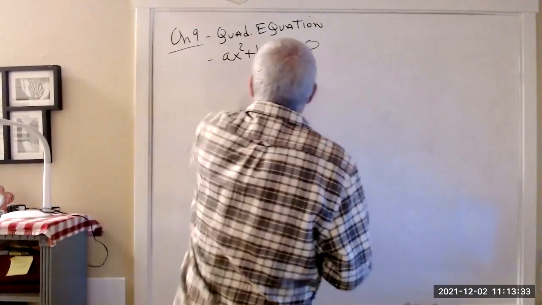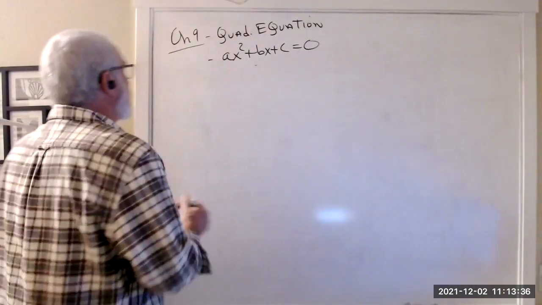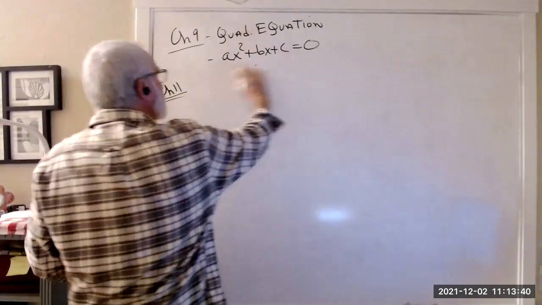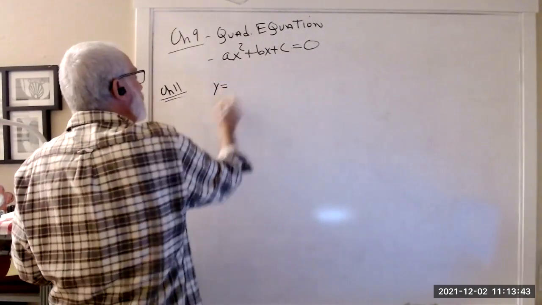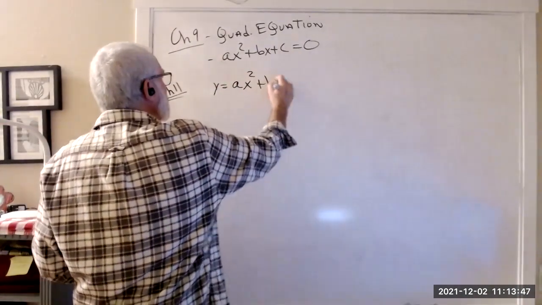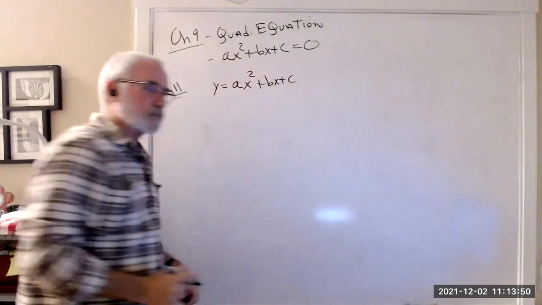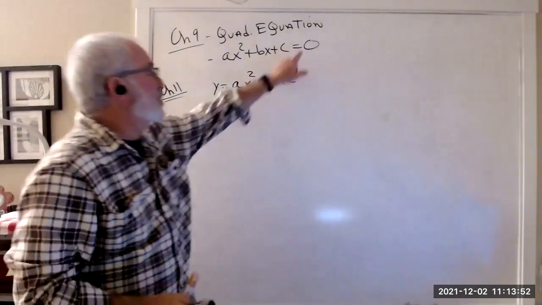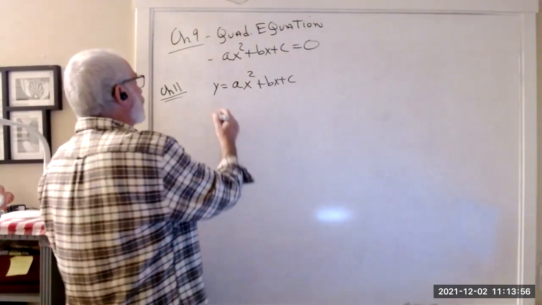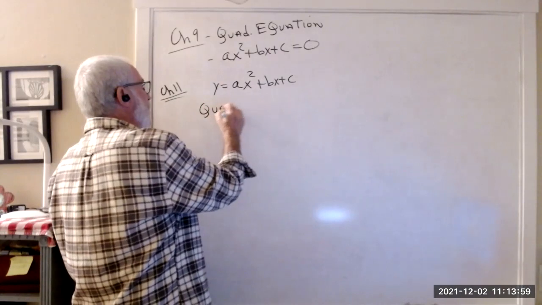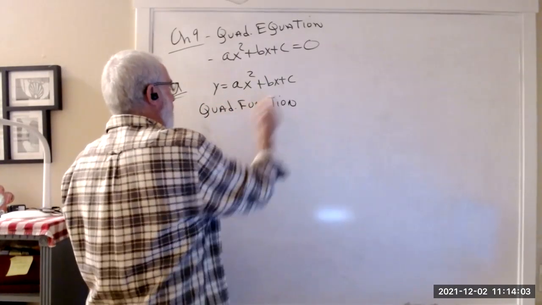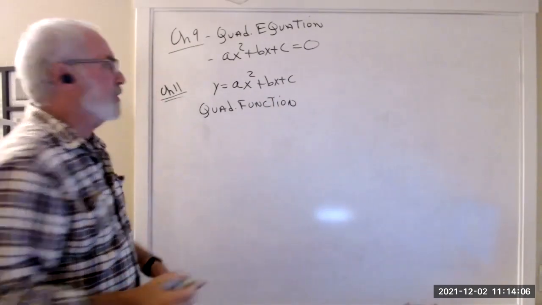If you take the same problem, this is chapter 11, and instead of making it equal 0, make it equal y. Y equals ax squared plus bx plus c. So instead of equaling 0, that made it a quadratic equation. This is called a quadratic function, F-U-N-C-T-I-O-N.